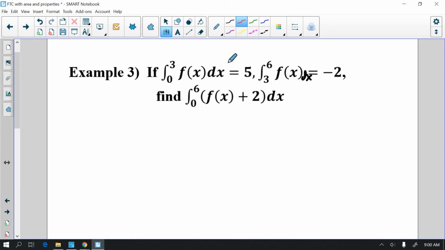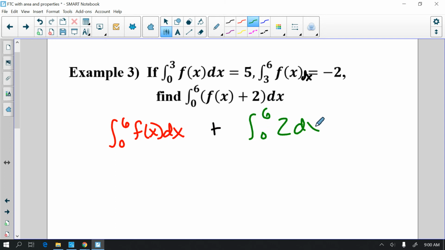So again, I can take this and I can separate it. I can find out what happens from 0 to 6 of f of x, and then I can find out what happens from 0 to 6 of 2 dx. So starting with the integral from 0 to 6 of f of x, I know what's happening from 0 to 3, and I know what's happening from 3 to 6.